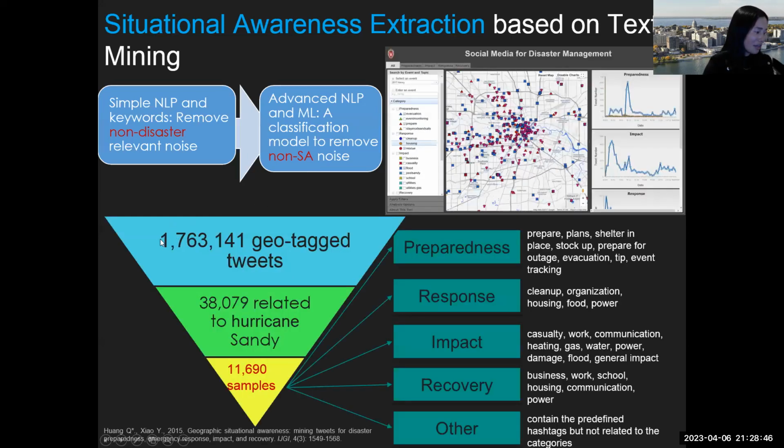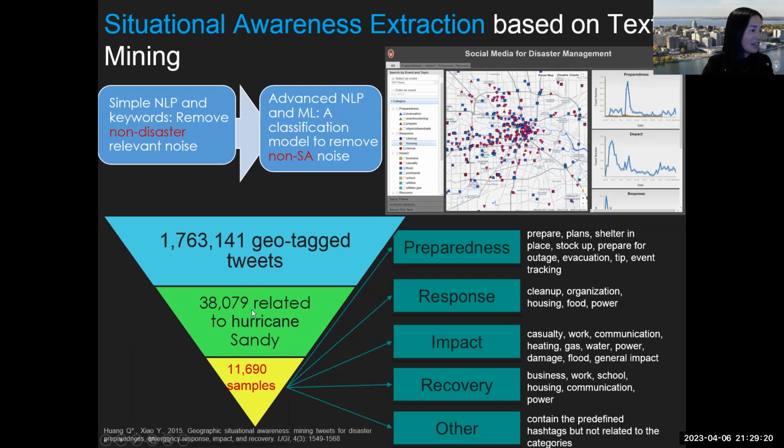In our early effort, a couple of years ago, our pioneering work started with Hurricane Sandy. So we collected 176 million geotagged tweets, utilizing more than 57 hashtags. We retrieved only a small number of geotagged tweets related to Hurricane Sandy, about 2.170%.